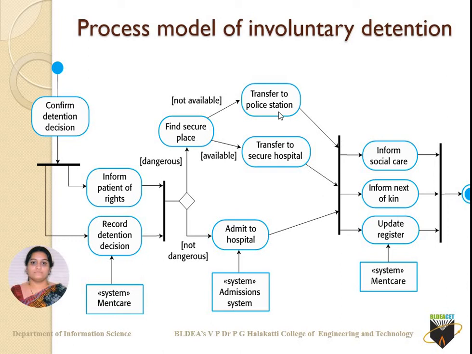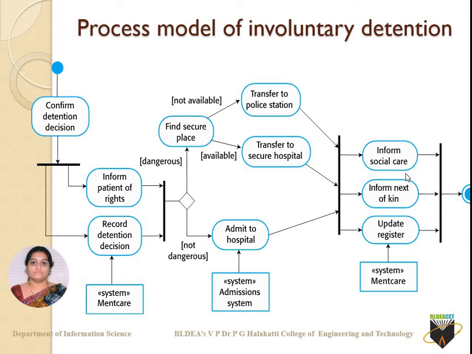When all of them merge together, you are either informing the social care, informing the next of kin, or updating the register. When you update the register, ultimately your Menticare system is updated. All of them are again joined with a vertical bar, and we finish with a stop. At that time these three activities are performed.